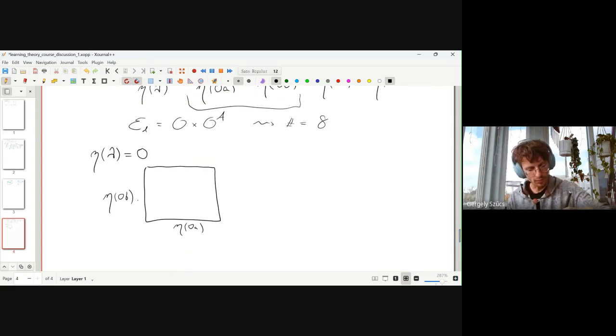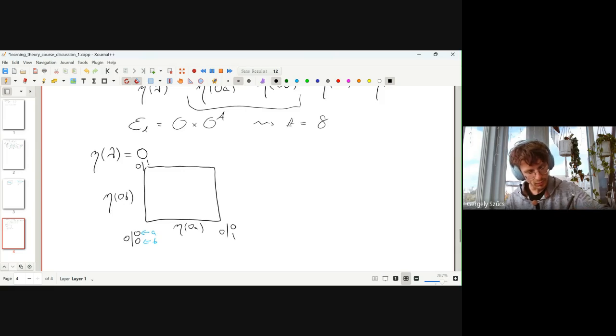The vertices of the square are again the deterministic environments, but with the first observation being 0. I'm using the same notation as before: these correspond to the output given A and the output given B. So here this is 0, 0, 1.